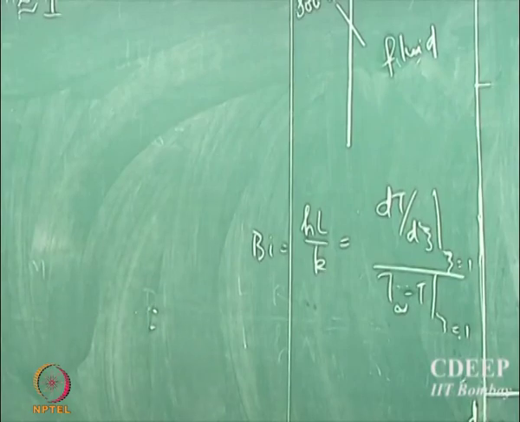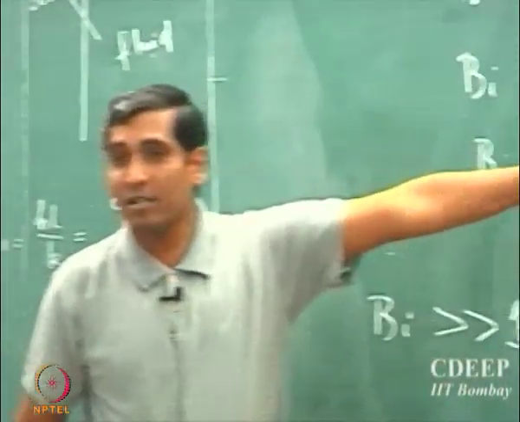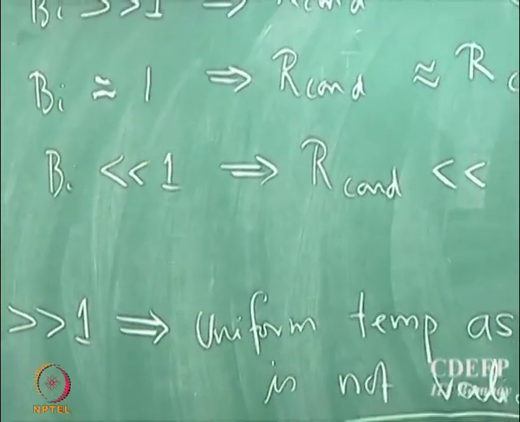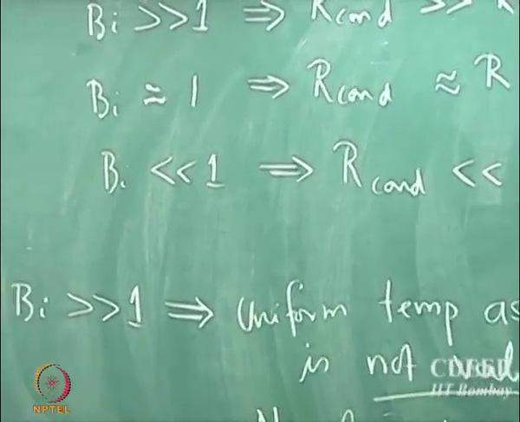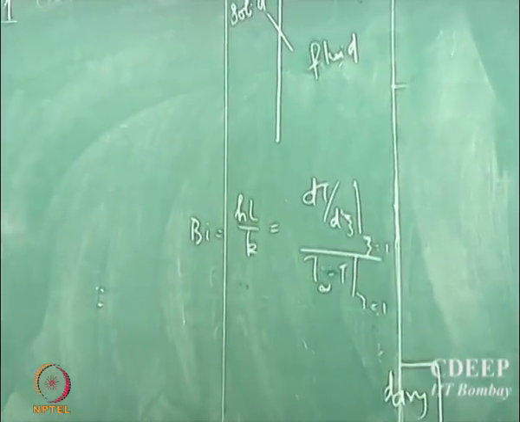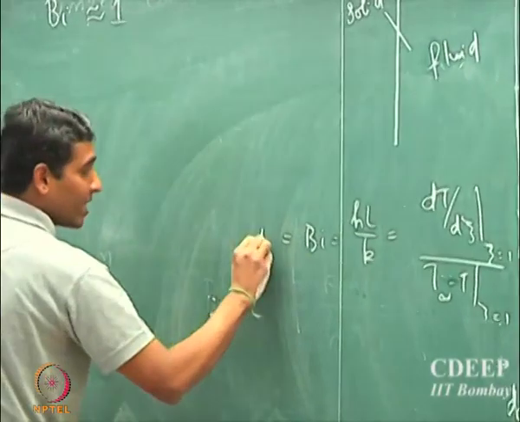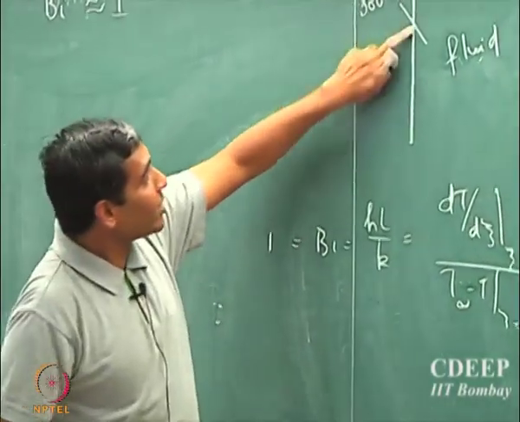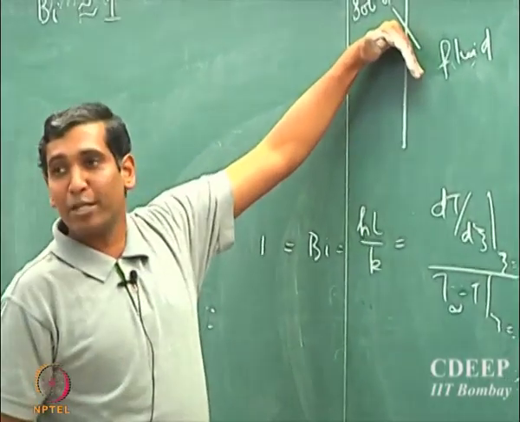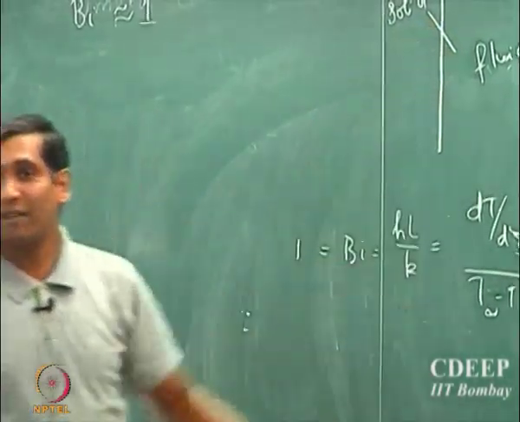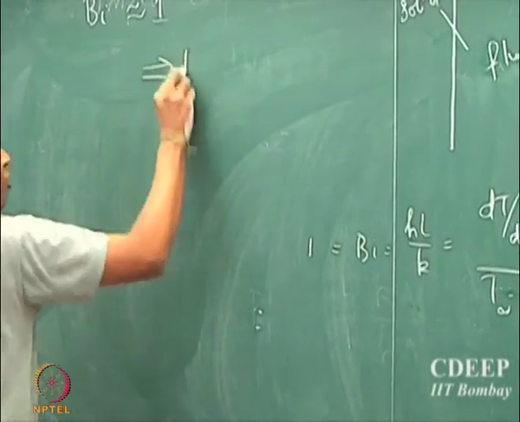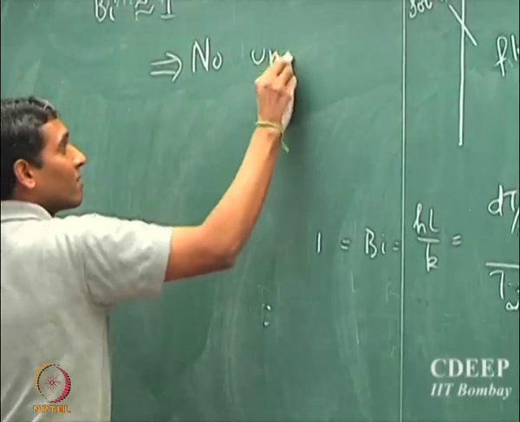Okay. So when resistance to conduction is equal to resistance to convection, there will be a significant amount of gradient and these two gradients will be exactly equal to each other, right. When Bi is equal to 1, it means that the temperature gradient in the solid at the boundary and the temperature gradient outside the boundary will be equal to each other, which simply means that no uniform temperature can be assumed.